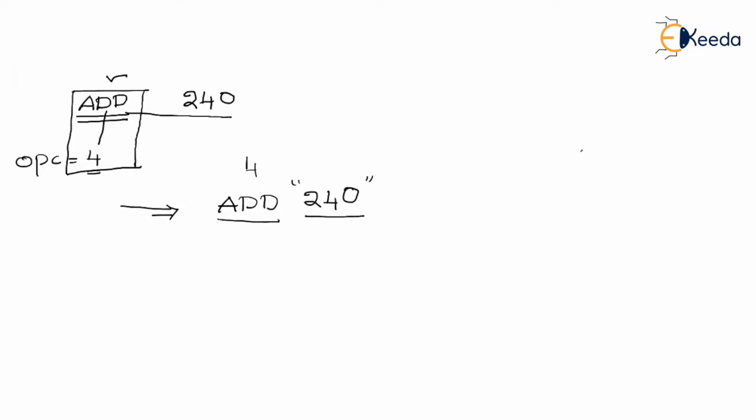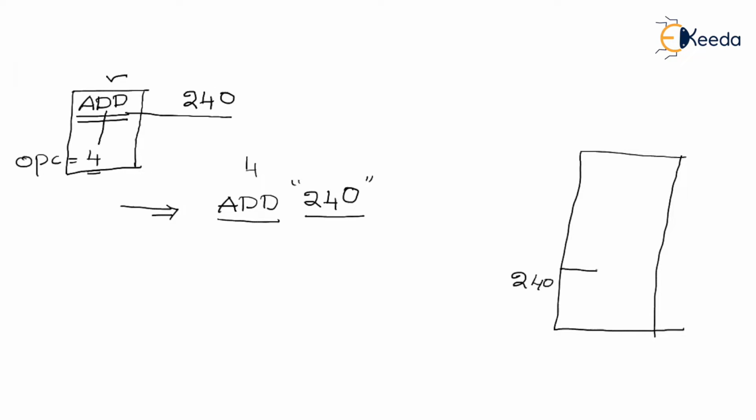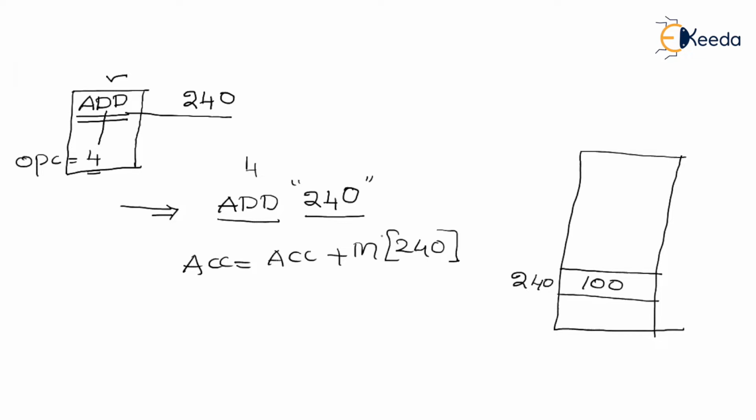Taking this address, you need to go to the main memory. Under main memory location 240, there is one operand, let us say 100. So add 240 is actually equal to accumulator plus memory of 240. This is the actual meaning of add 240.